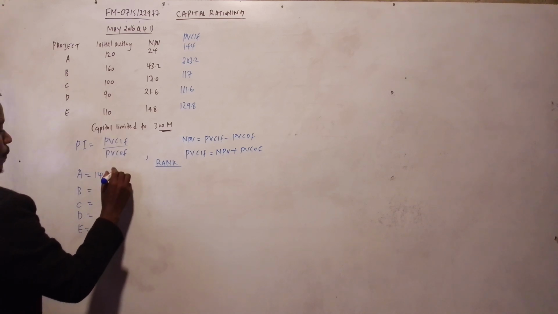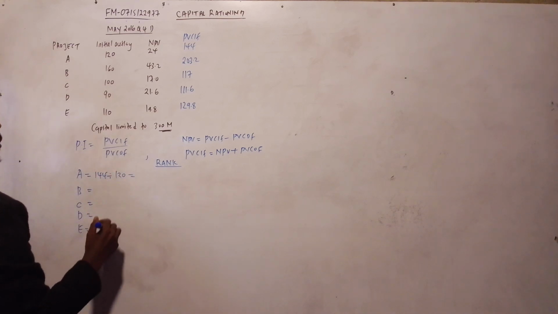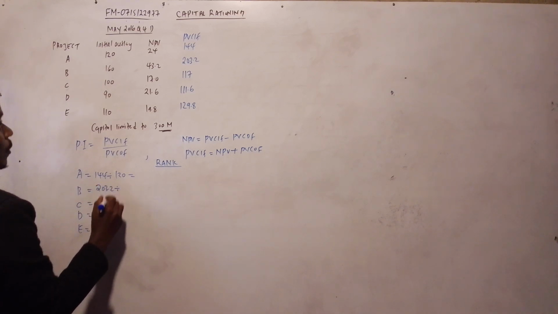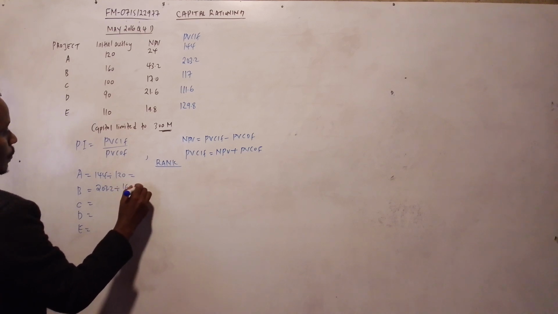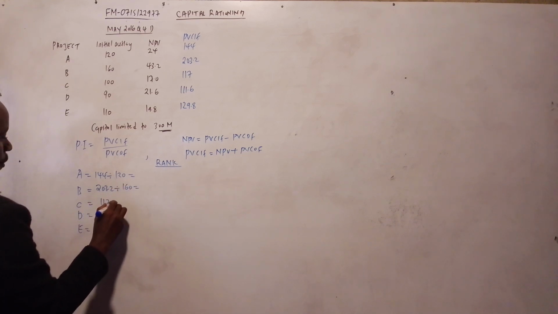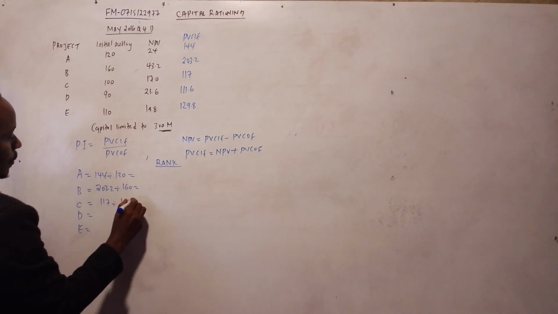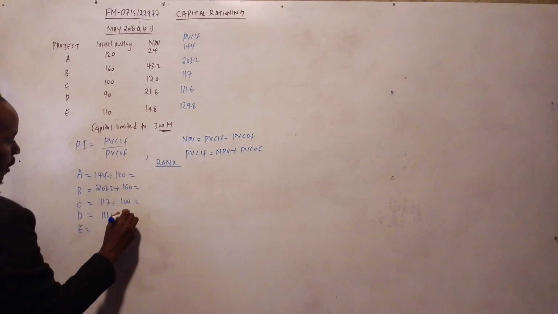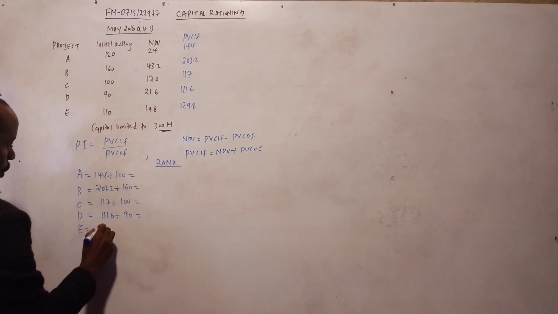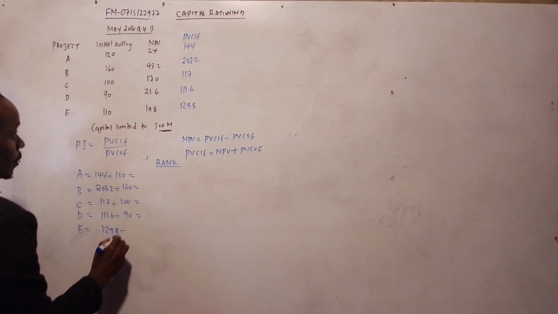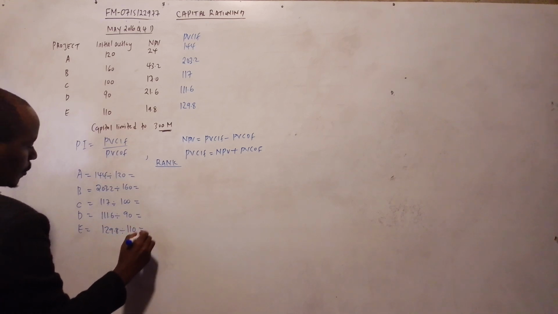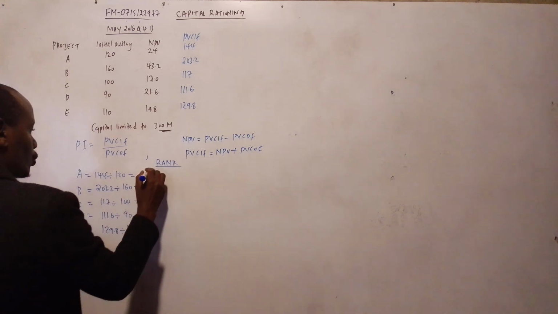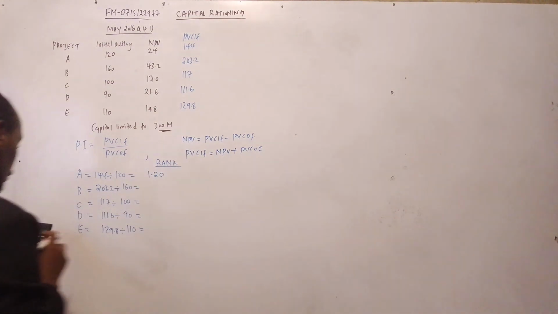Then 203 divided by 160. 117 divided by 100. 111.6 divided by 90. 129.8 divided by 110. So 144 divided by 120, which is 1.20. 203.2 divided by 160.